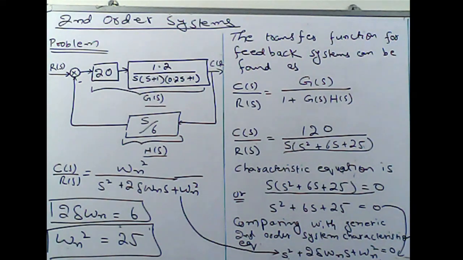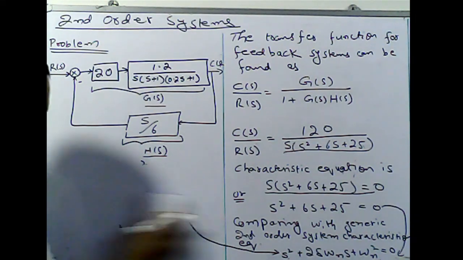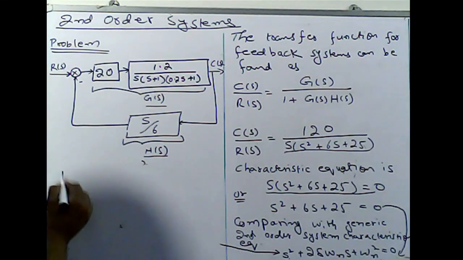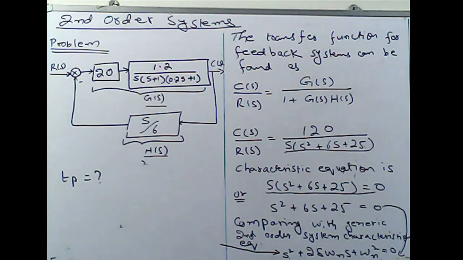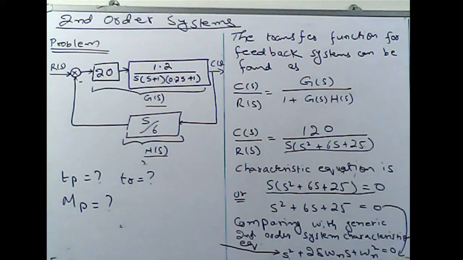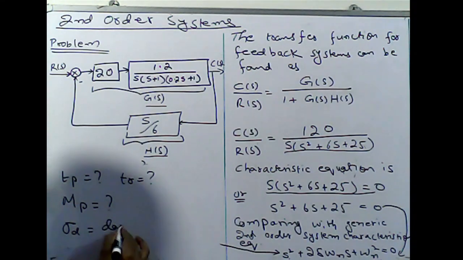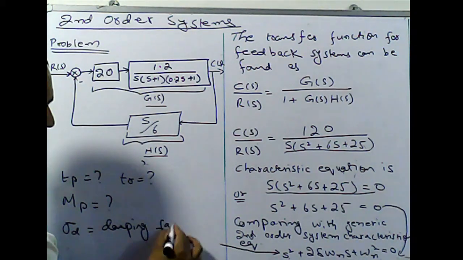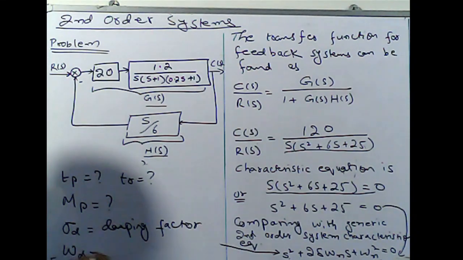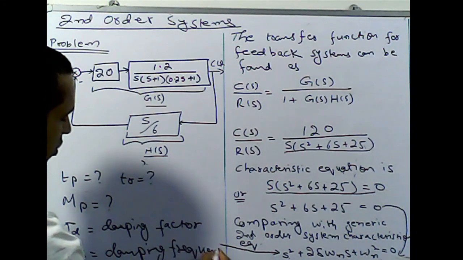You have to find out certain parameters, and those parameters are Tp, which is your peak time, then Tr, which is the rise time, then Mp, which is the maximum overshoot, and then you also have to find sigma d, which is your damping factor, and omega d, which is your damping frequency.